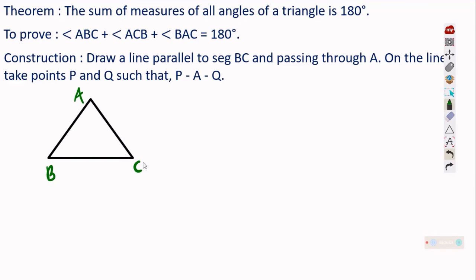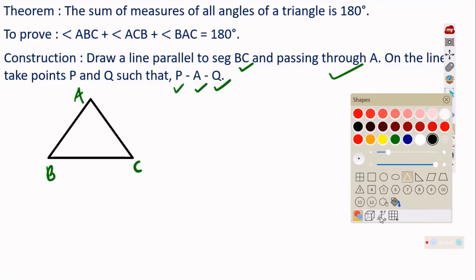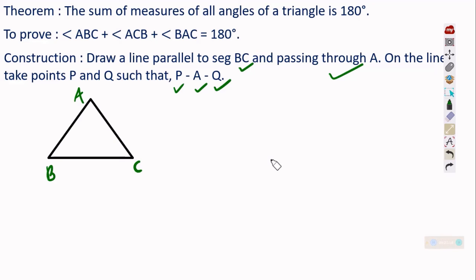The triangle is named. Now an instruction is given: draw a line parallel to segment BC passing through A. On the line, take points P and Q such that PAQ is collinear. So I need to draw a line over here, parallel to BC.